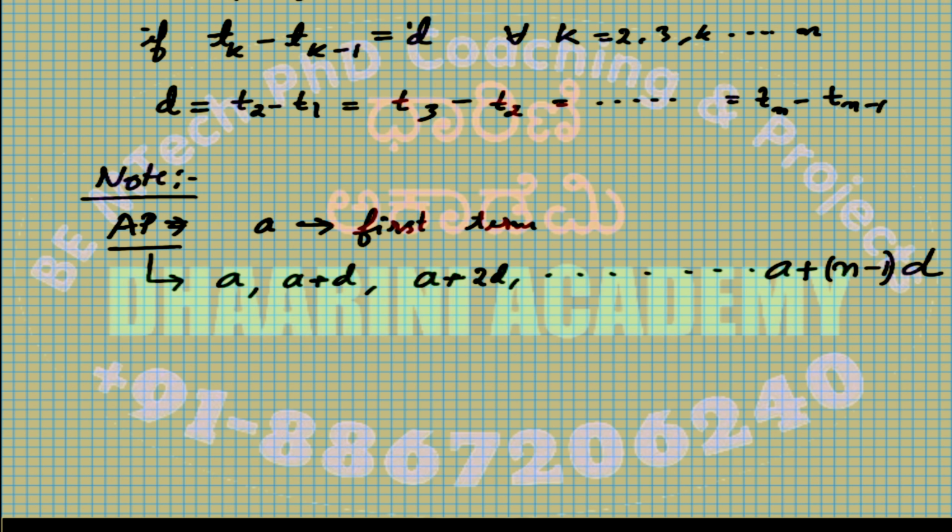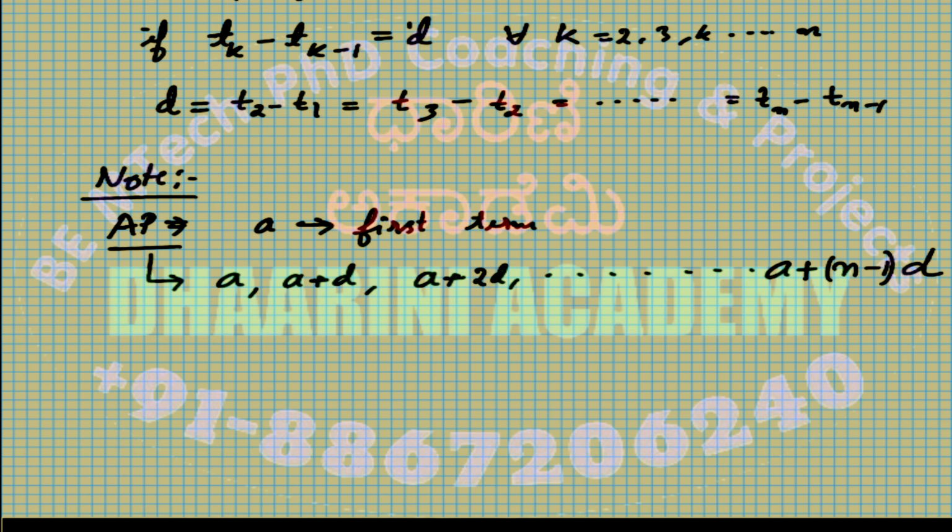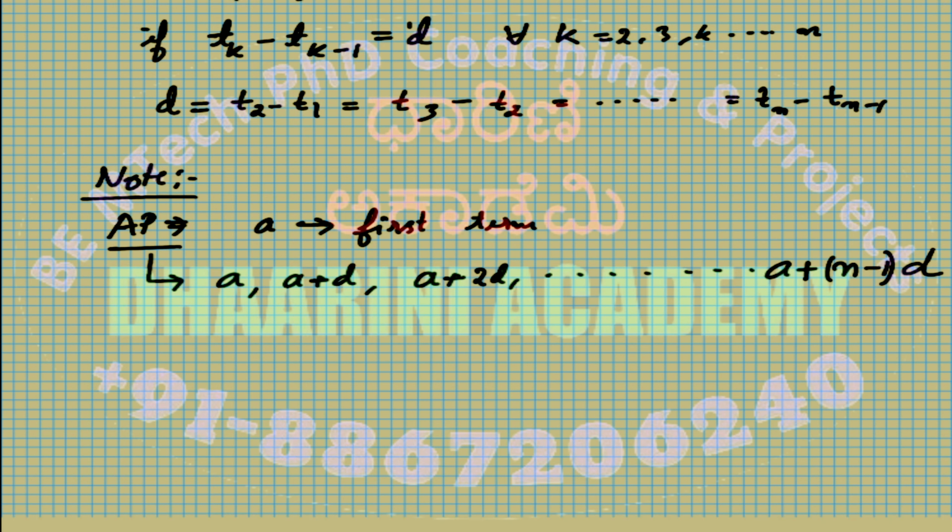Now, if we add the common difference to any term of an AP, we get the next term. And if you subtract the common difference, you get the previous or preceding term. This is one feature of arithmetic progression.